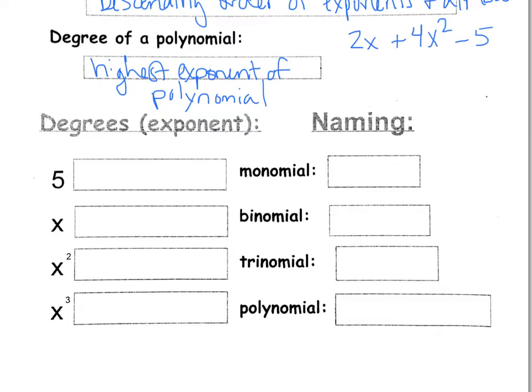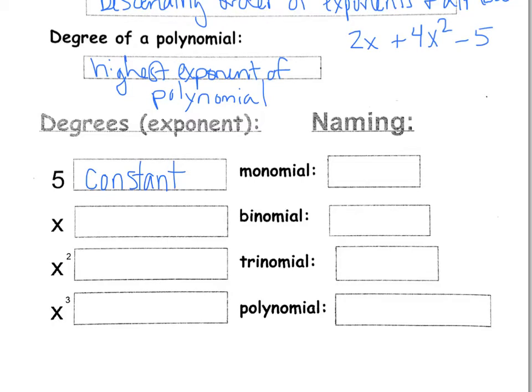Now, the degree of 5: there is no x, so the degree would be x to the 0. It's 0. X to the 0, what we call that is a constant. A number with no x, or a 0 degree, is called a constant.